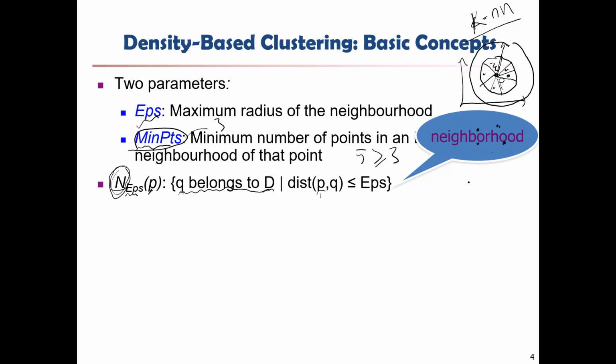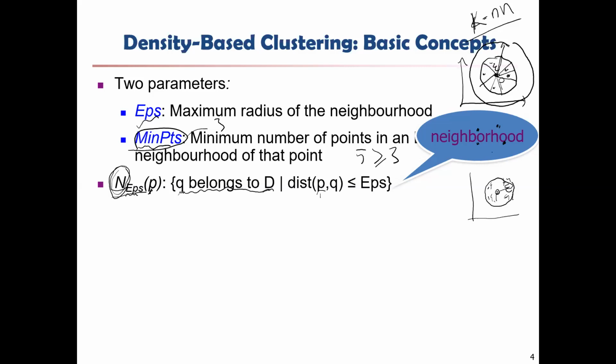So if you recall the earlier picture one more time, suppose this is your P, and you are saying that, hey, I'm going to give a distance epsilon, which is my radius, and I'm going to draw a circle around me. And whatever the Q points, Q1, Q2, Q3, let's say Q4, they'll be forming my set N. Okay, they are going to be all part of, an element of, this neighborhood.